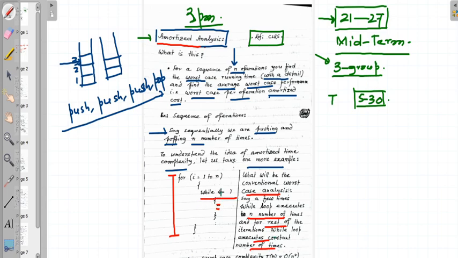So you are setting the while loop condition in such a manner that, based on this sequence of n operations, the while loop will be executing a constant number of times. Or it might be executed n number of times as well, right?